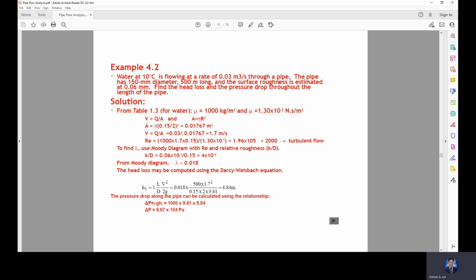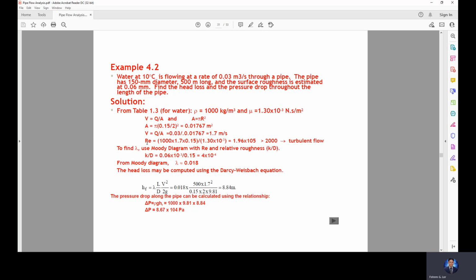First, we need to determine if it's laminar or turbulent, so substitute these givens into the Reynolds number equation. First, we need to determine the velocity. We have Q over A, which is equal to a velocity of 1.7 meters per second.